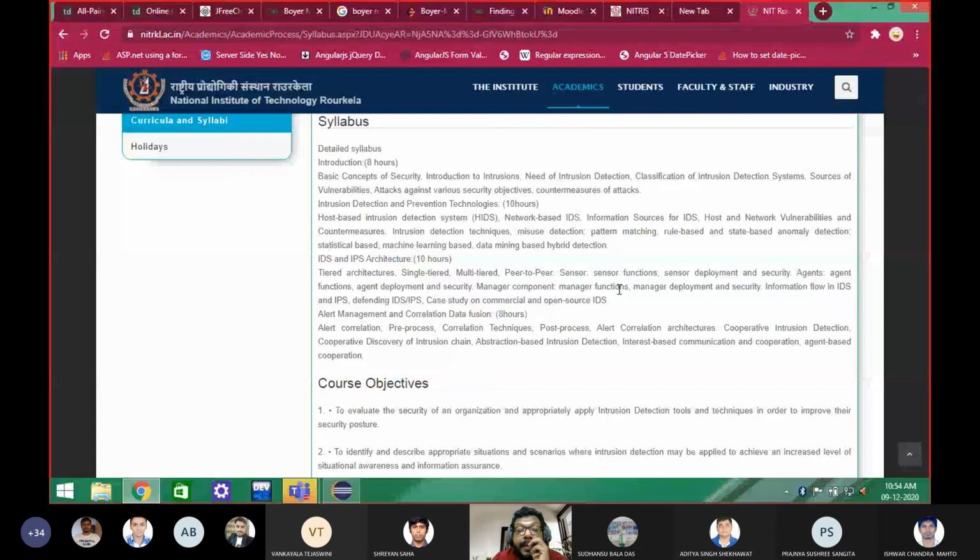It is again a repetition of something coming under your machine learning: pattern matching, rule based, state based, anomaly detection, statistical based machine learning, data mining, hybrid detection. Then tiered architecture.